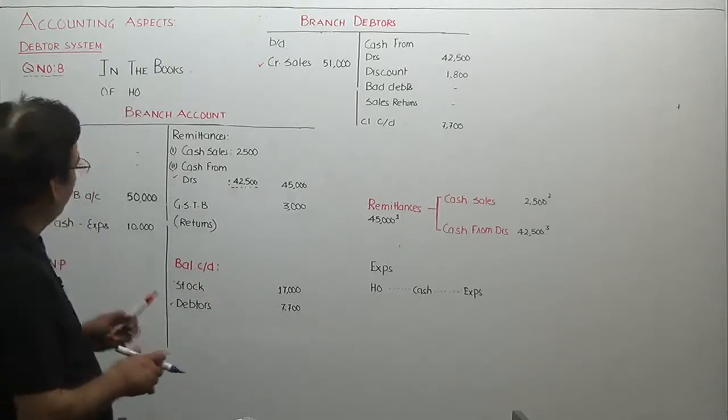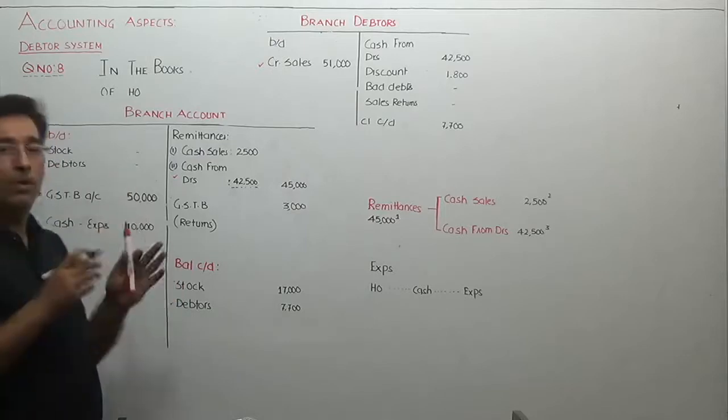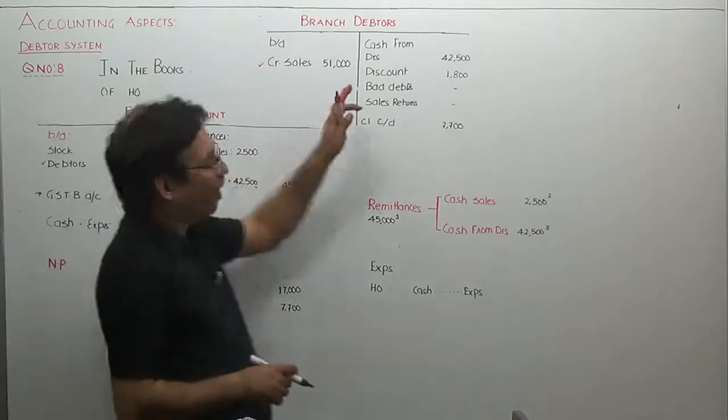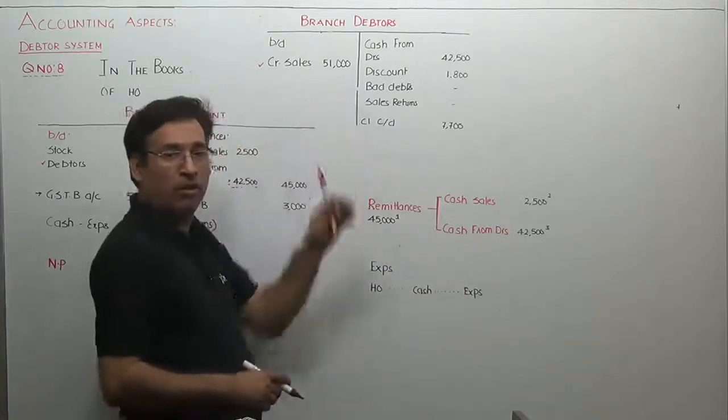Now if you look closely, you will find that opening balance is not given in this question. So now this account will be very helpful for you. You can find out the opening balance through this particular account.